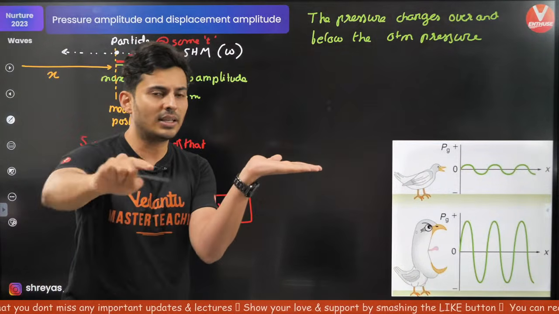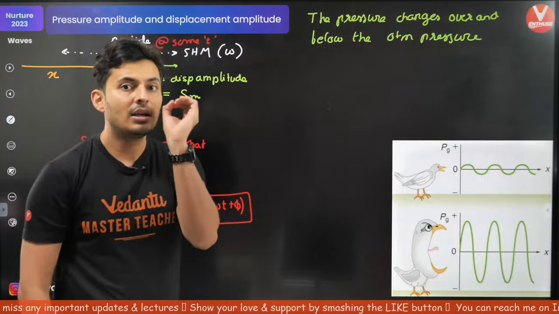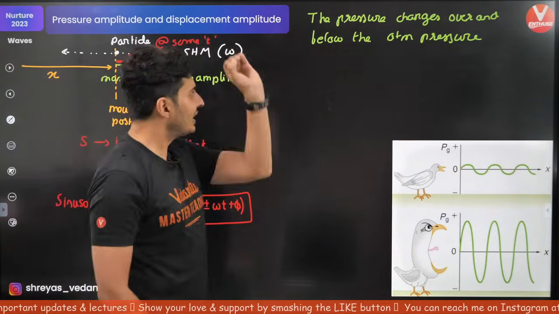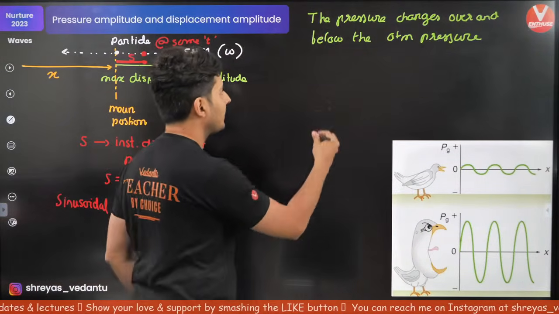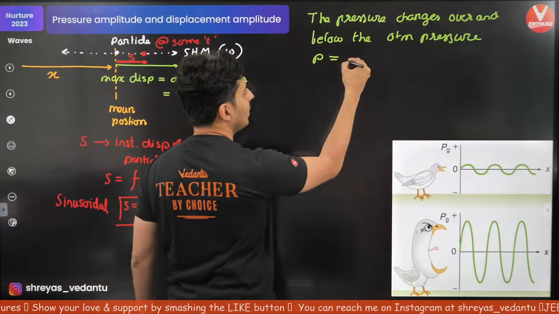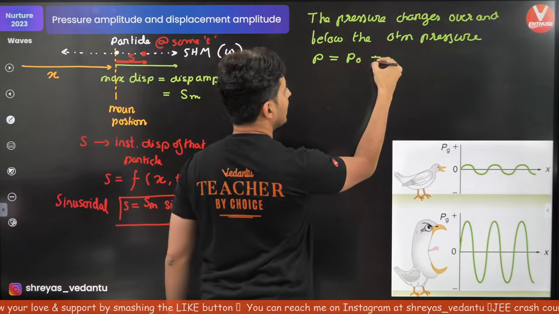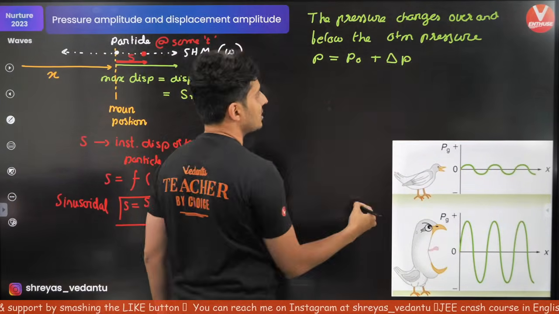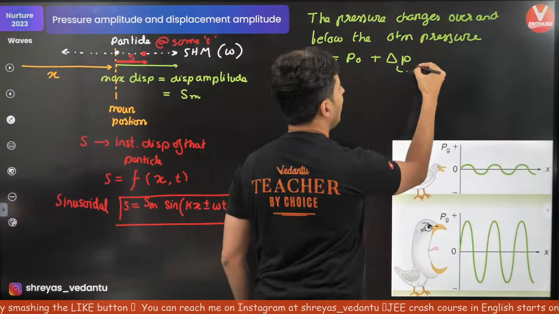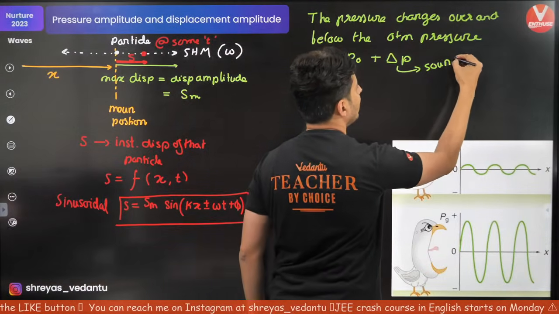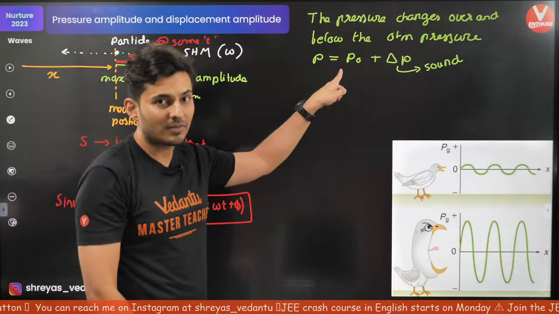If sound was not there, pressure will be same everywhere. Hence, the actual pressure at that point will be atmospheric pressure plus the changes in the pressure. This is because of the sound. This is because of the atmosphere.